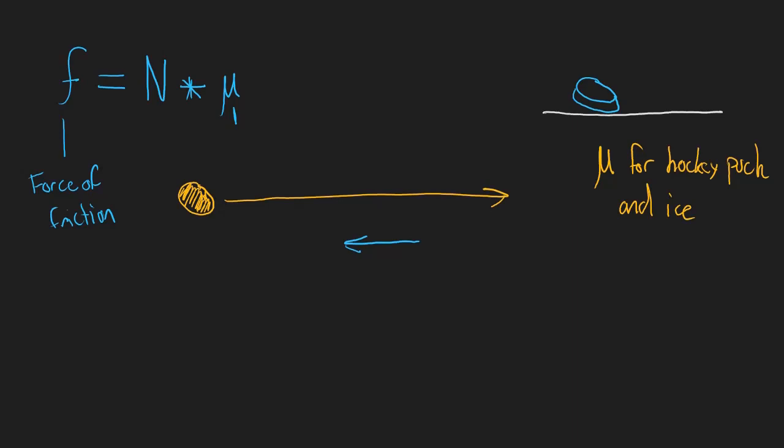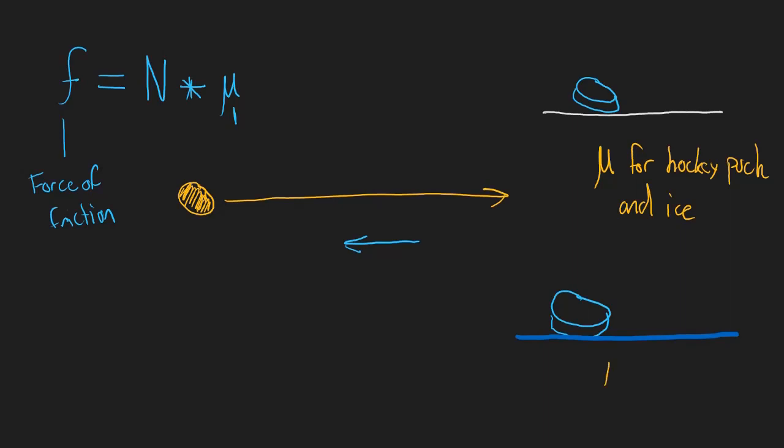And so the reason why the hockey puck slides relatively easily on ice is because mu is relatively low. Now compare that to trying to slide a hockey puck on, let's say, asphalt. That's going to be much more difficult.